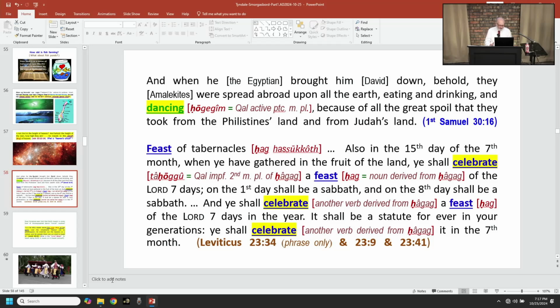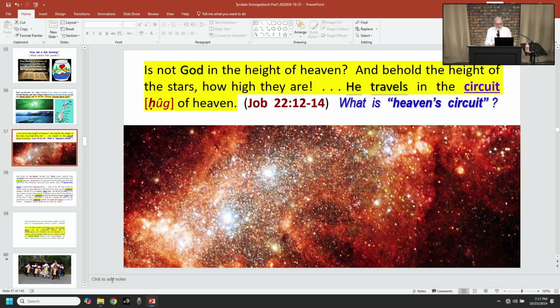And then it all made sense. At the Feast of Tabernacles, when they are celebrating, when they're having a feast, when they're dancing, is this whole idea of celebrating in an orderly way. And that is what the heavens are doing. They are celebrating in an orderly way, like a dance.